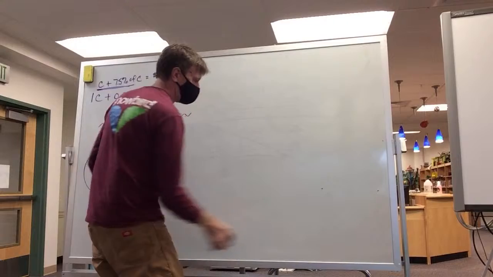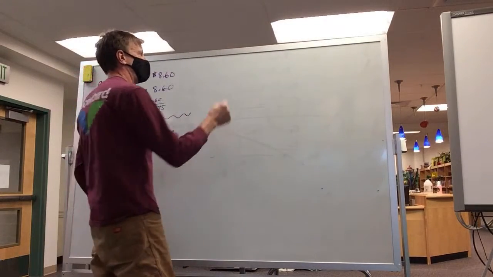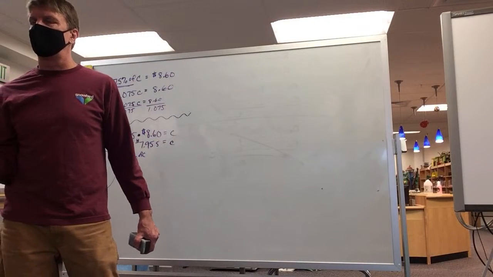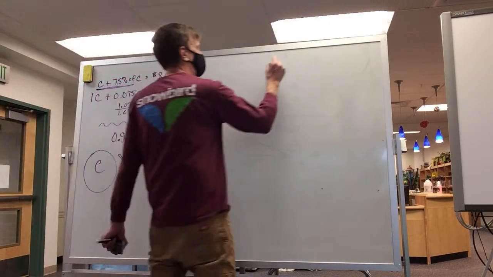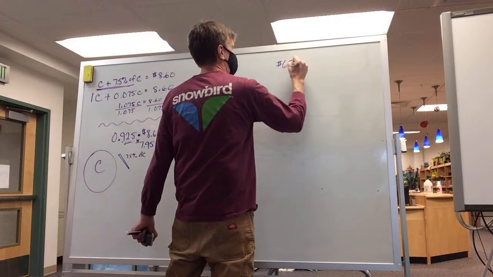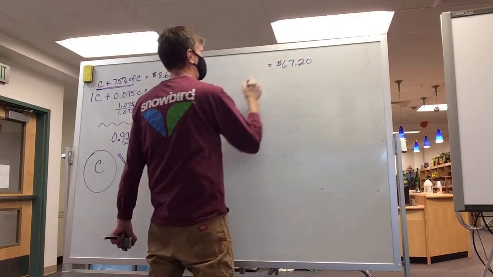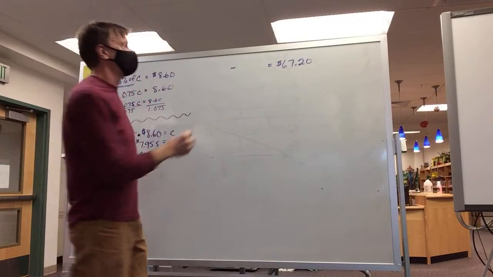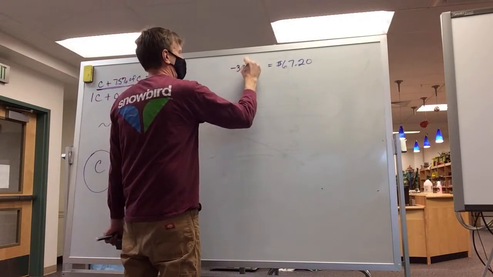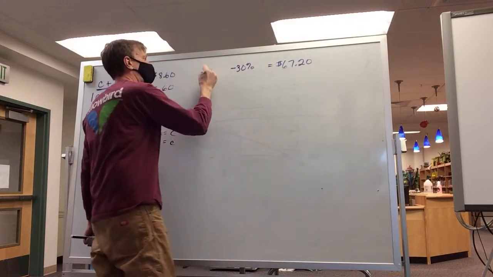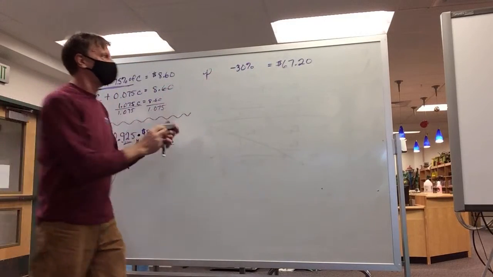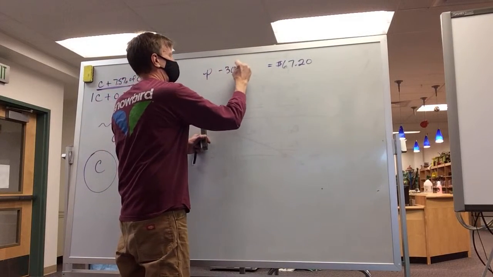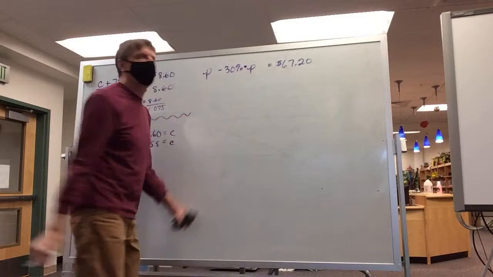So there's lots of ways to do this one. What's the price after it had the 67.20? So that's the price after we subtracted 30%. So the original price, and then we subtract 30% of the original price.